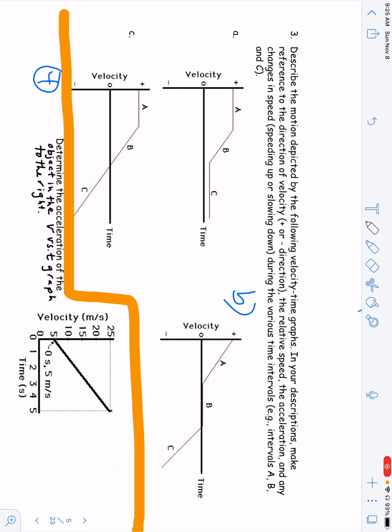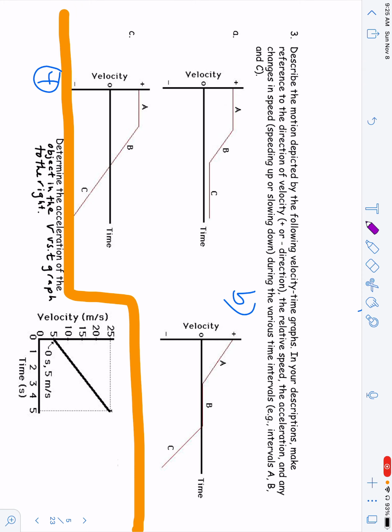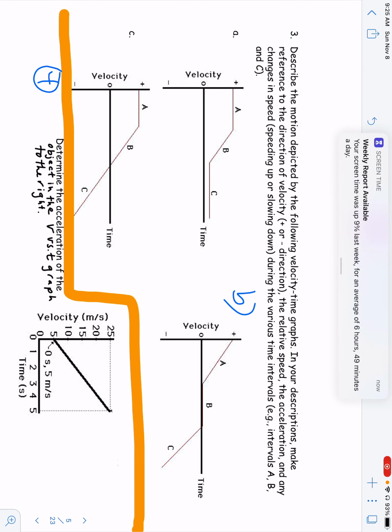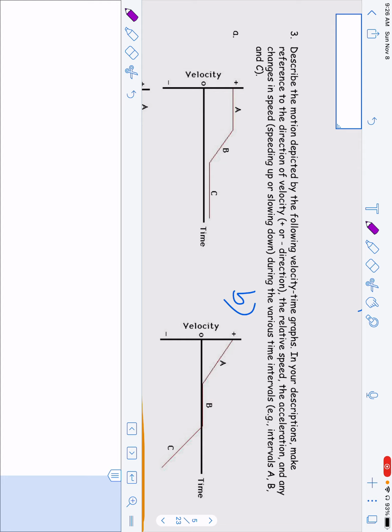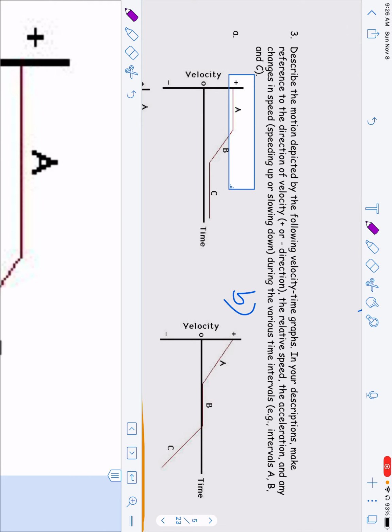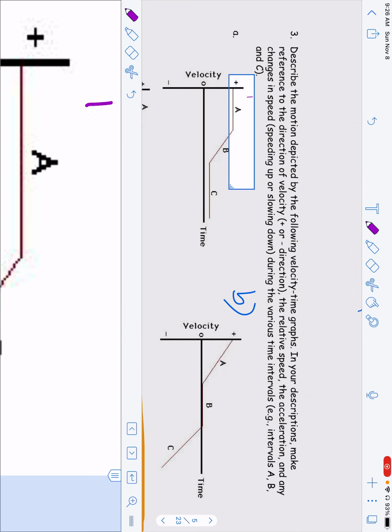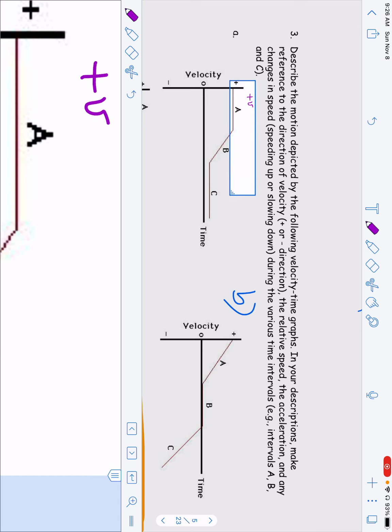Right here we've got A. This is going to be kind of hard to do because I don't have very much space. Sorry. At A, we can say that it's positive velocity, because it's in this region above the x-axis.